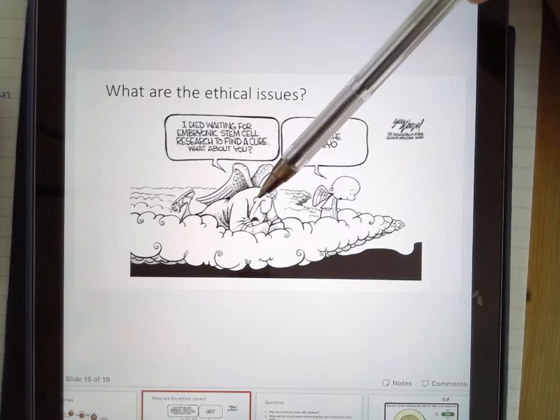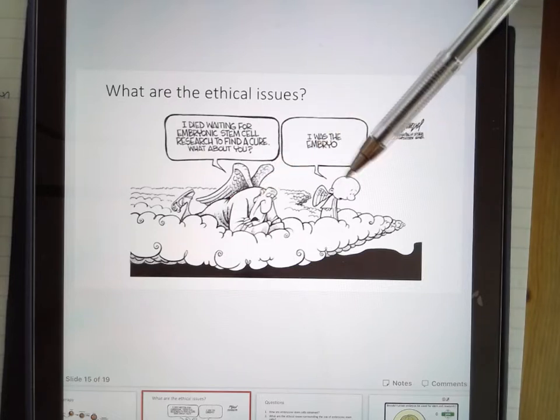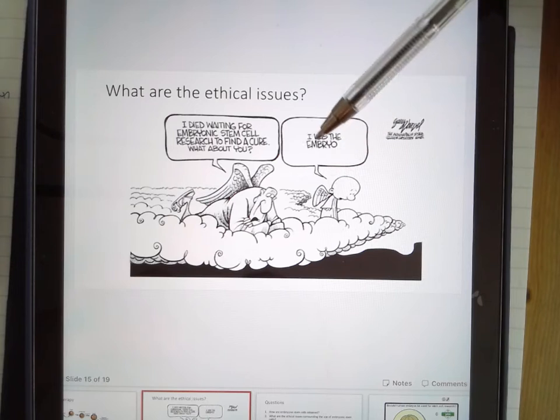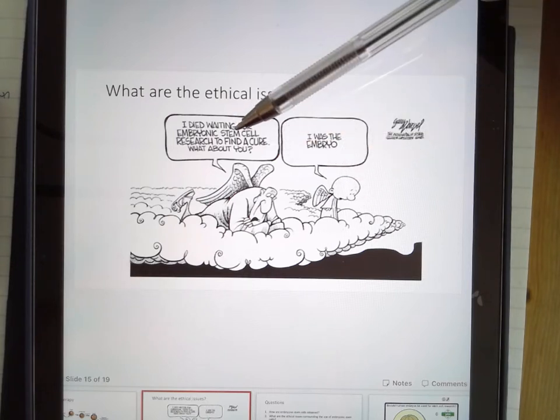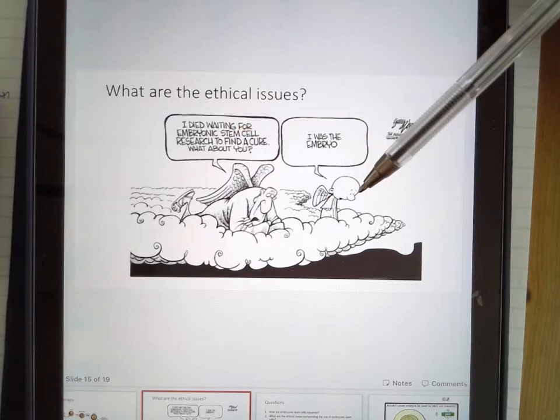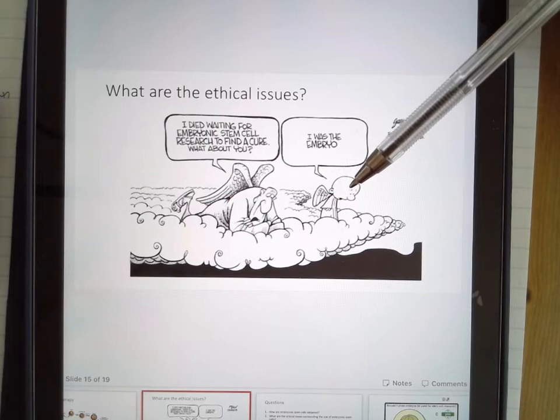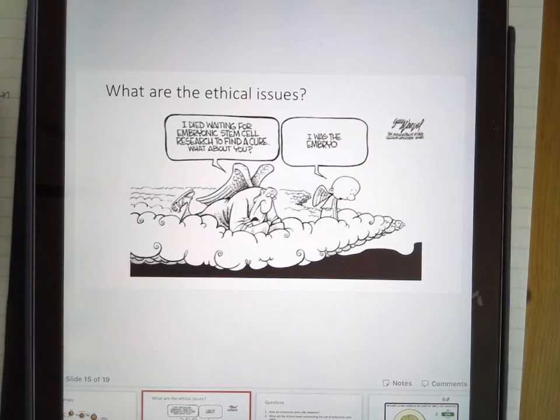And this gentleman has obviously suffered from one of those. He's died for a disease that they don't have a cure for. And then here you've got someone else who said, I was the embryo. So he's waiting for embryonic stem cell research to find a cure. And this little chap here was that embryo who was destroyed in order to find the cure.